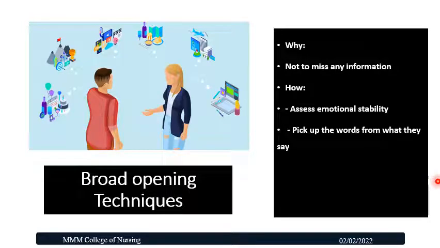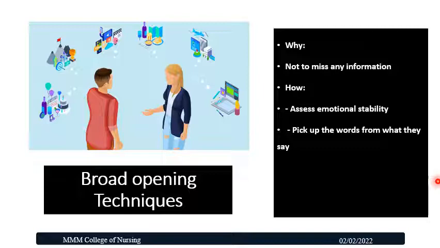So before using broad opening as a technique, the nurse has to assess the emotional stability of the patient to ascertain if the patient is in a mood to even speak, because it's going to be just a topic given for the patient to open up. So pick up the words from what they say.